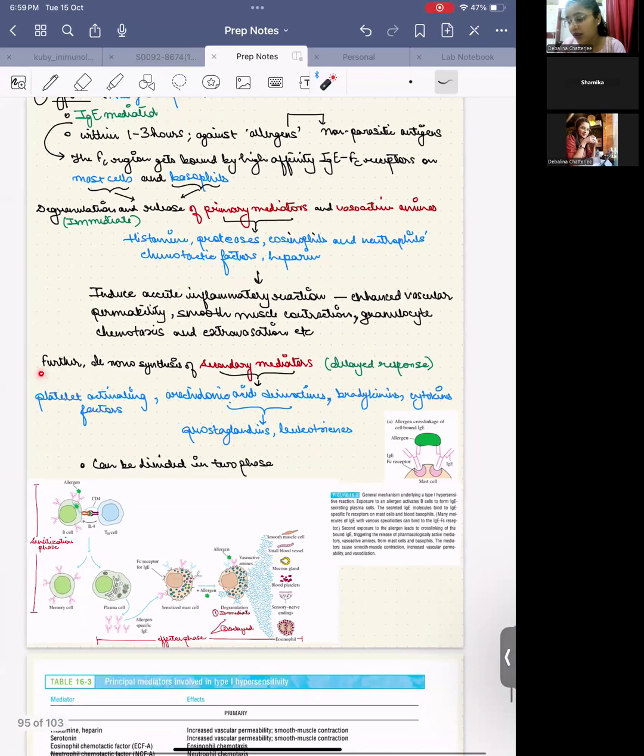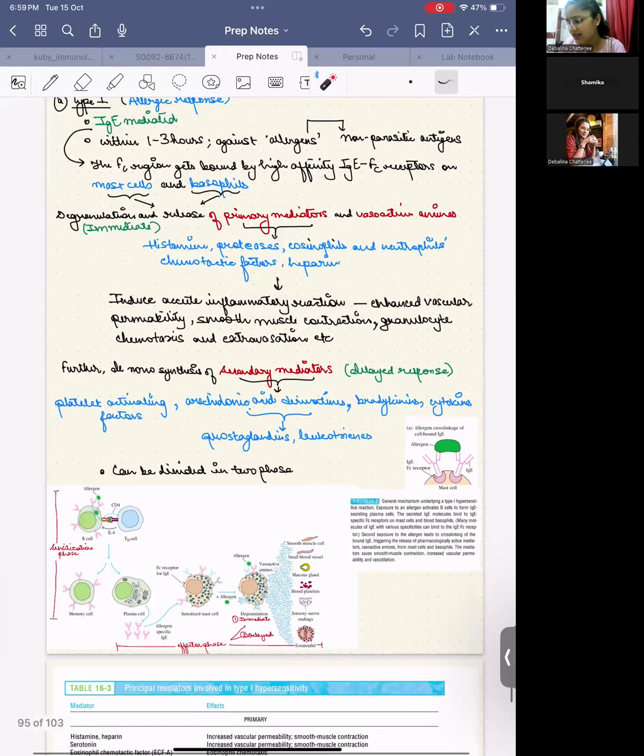And further, within the next couple of hours, these same cells that have reached the site of inflammation start producing a lot of secondary mediators. The secondary mediators include platelet activating factors and arachidonic acid derivatives, prostaglandins and leukotrienes.